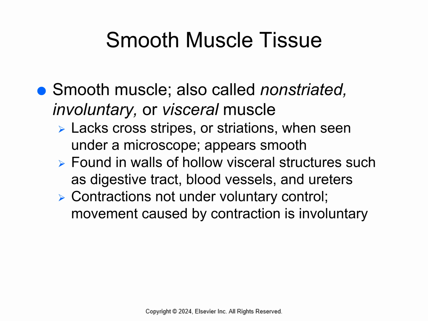Why do you think when your blood pressure goes up, something causes this smooth muscle to dilate or constrict? Or your ureters? So, involuntary visceral structures. Contractions are not under voluntary control, so movement can be caused by a contraction that is involuntary.